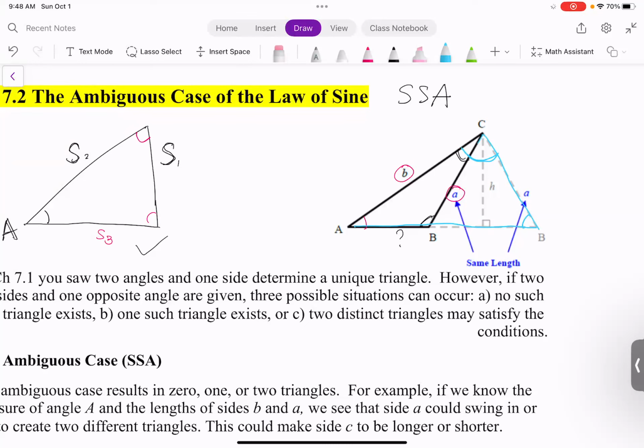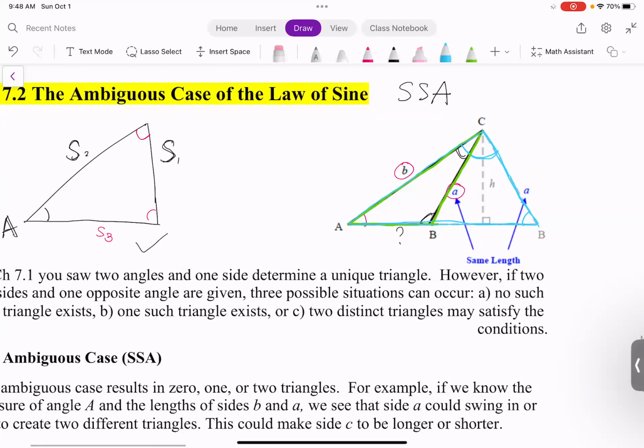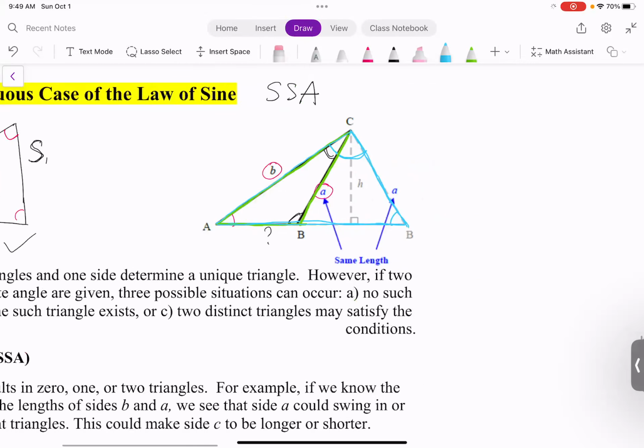So I can move my side a to here, I construct a new triangle. That means I could have an obtuse triangle like this. I could also have an acute triangle like this. So I could have two cases, two solutions. And I could have another solution.